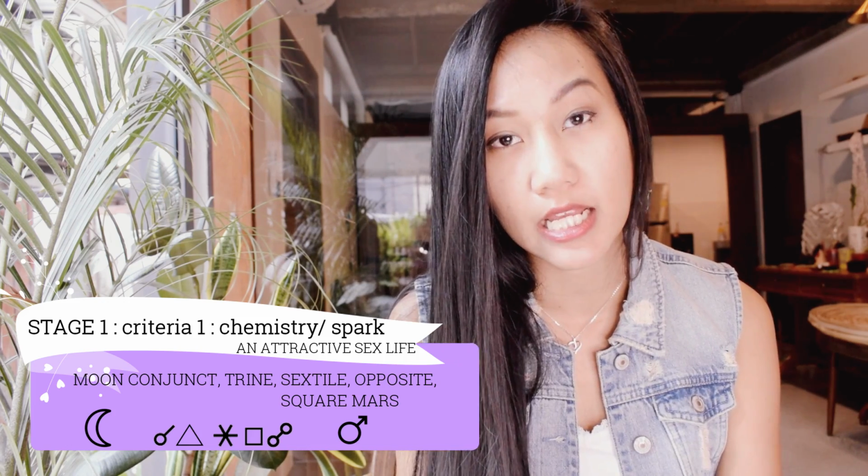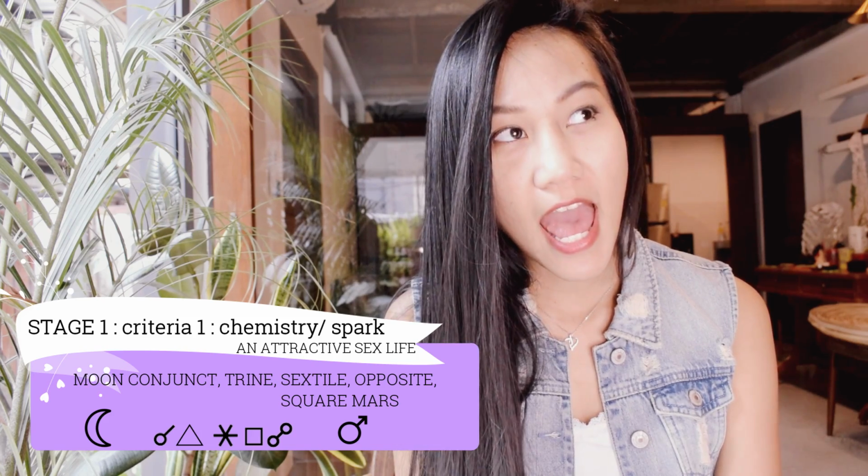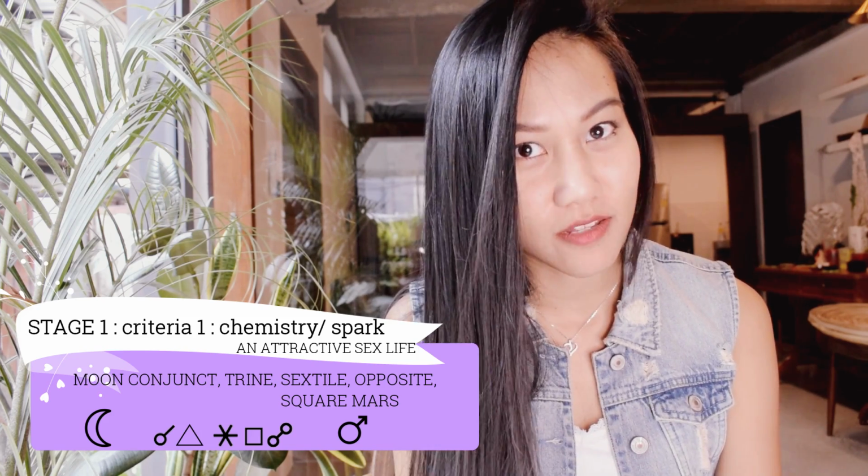So the conjunction, the sextile, and the trine show that the both of you have actions and reactions that are on the same page, and this makes the sex life an emotional one as well. So there's an emotional attachment within the bedroom because of the way that the two of you are responding to each other's reactions or reacting to each other's actions, that ignites that passion.